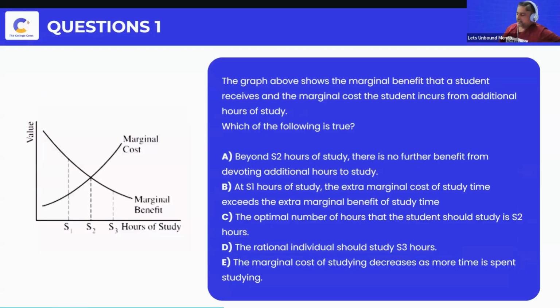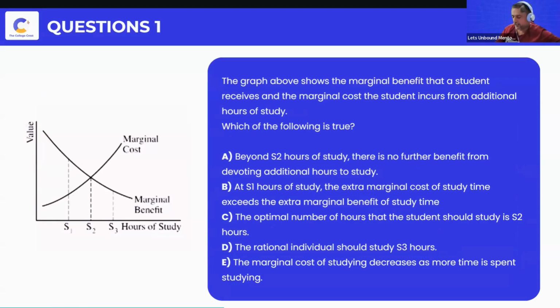Another question, and you can see immediately there is a question on a graph. The graph above shows the marginal benefit that a student receives and the marginal cost the student incurs from additional hours of study. Which of the following is true? If we go option by option here, the first option says beyond S2 hours of study there is no further benefit, which is not correct.